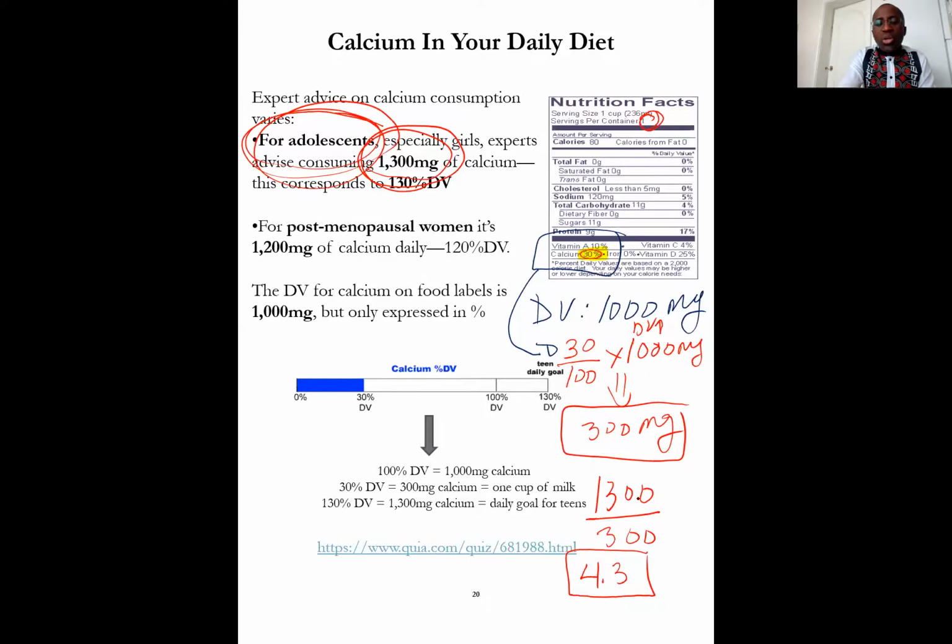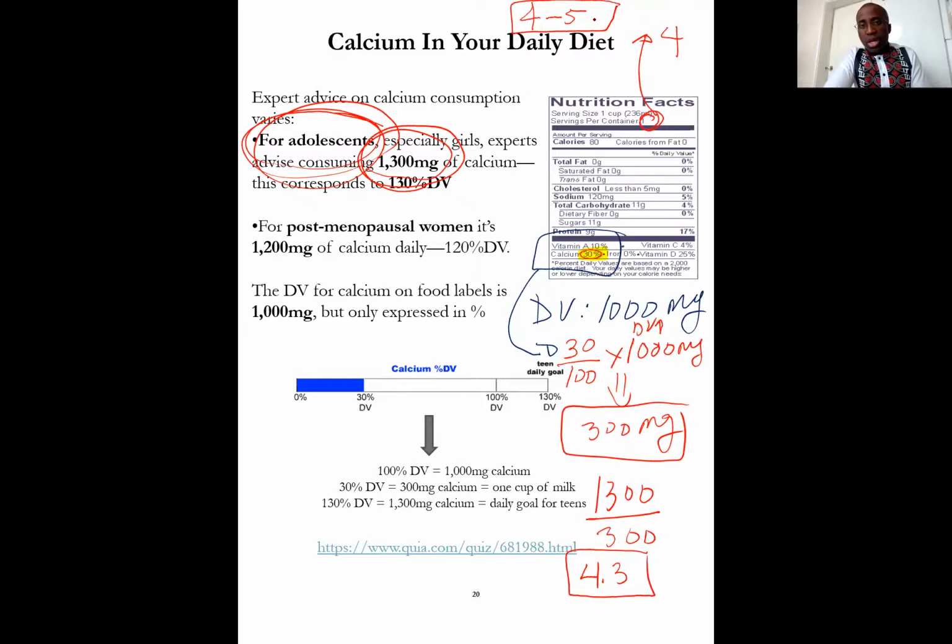So you will need at least a minimum of 4 containers. Here we have 1, so you will need a minimum of 4. If I ask you this question on the exam, the teenager is going to need 4 to 5 containers of this food.